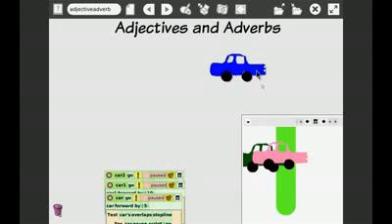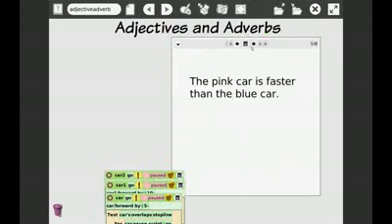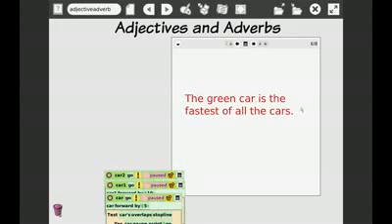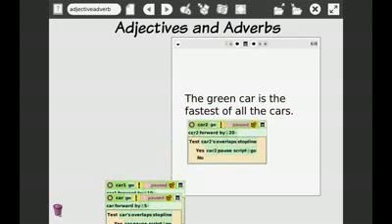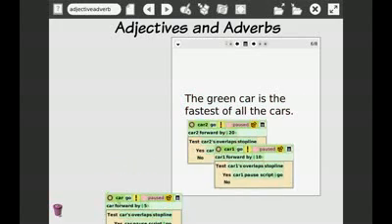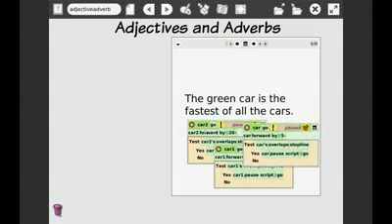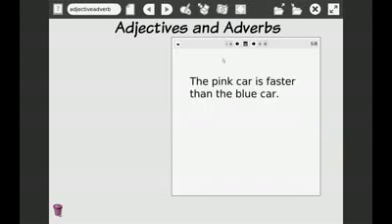So in that instance, we can say that the pink car is faster than the blue car, but the green car is the fastest of all the cars, because there's more than two. So what kind of adjective is this? Fastest? It's a superlative adjective. And faster is a comparative adjective.